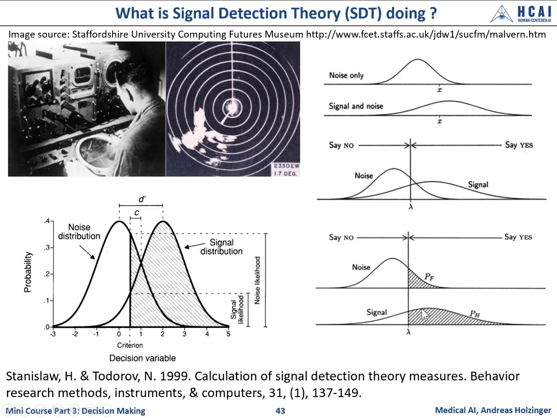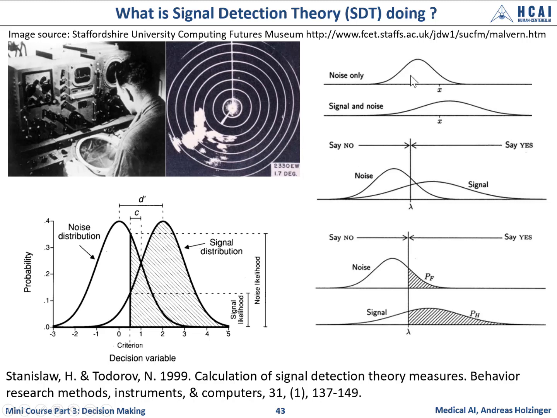So what is signal detection theory doing? Here you see the early beginnings on the radar screen, and you have a hit if you detect, for example, an incoming aeroplane, and you have a correct rejection, for example, if you don't spot it because it is a cloud from the weather.